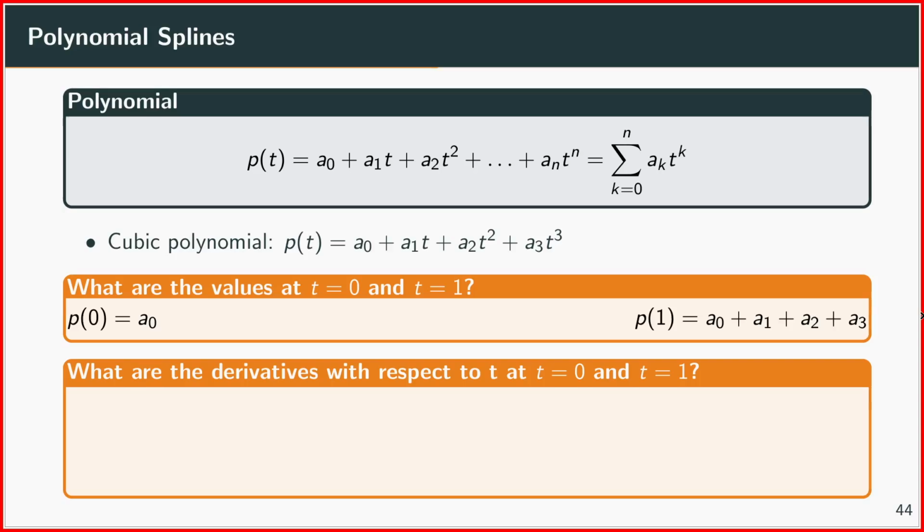Sorry, now I just showed the answers. At t0 it would be a1, right?